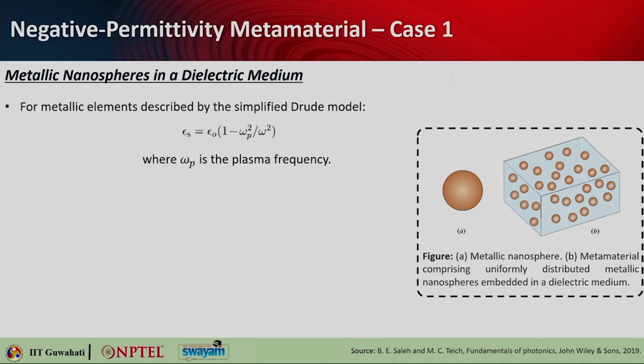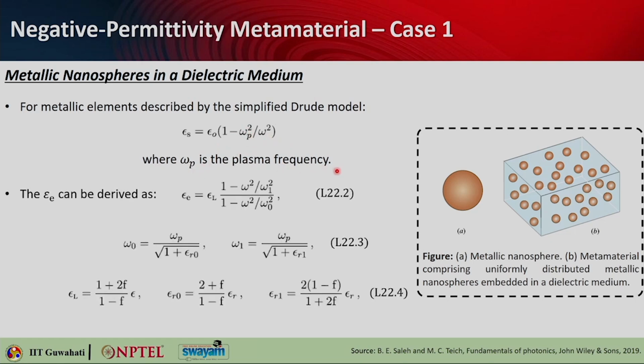Now let's assume that this is a simple Drude material. You can give the permittivity epsilon as epsilon naught times 1 minus omega p square over omega square, where omega p is the plasma frequency of that metal. With that, when you put it into the equation of epsilon effective, you get epsilon L times 1 minus omega square over omega 1 square, over 1 minus omega square over omega naught square.